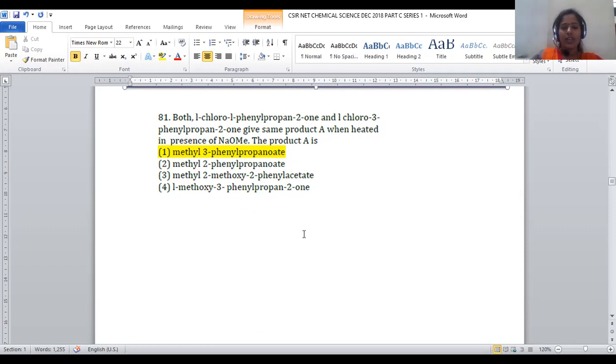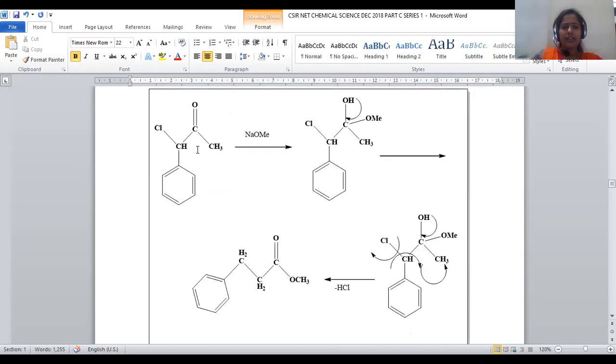In order to get this, we have to see the detailed mechanism of the reaction. The starting material will be 1-chloro-1-phenyl propan-2-one. It is a kind of ketonic system and is treated with sodium methoxide.